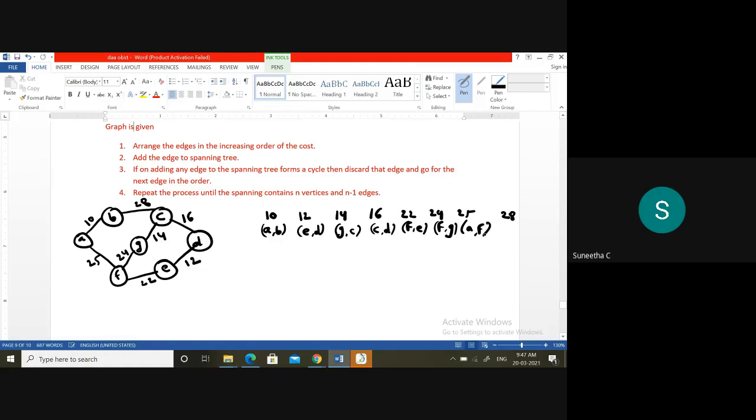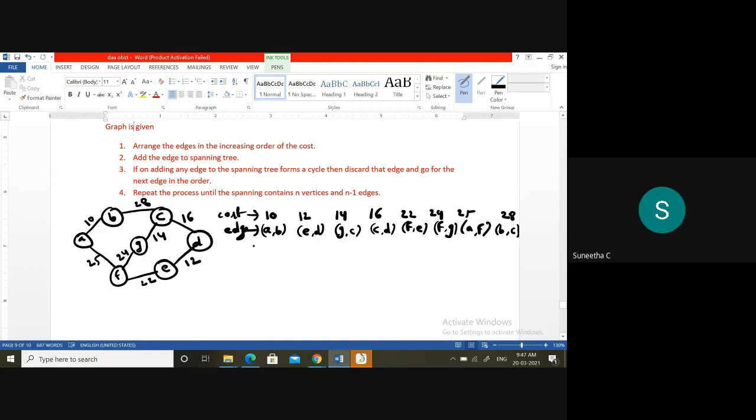Next, 28 is the cost of BC. Okay. We have written the edges in the ascending order of the costs. So these are the costs and these are the edges.